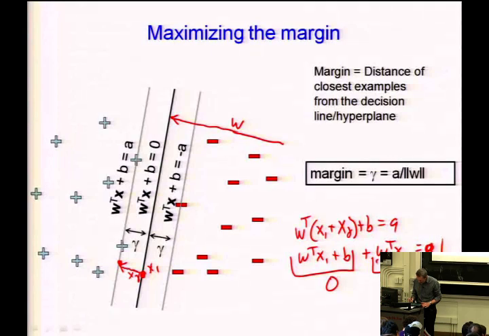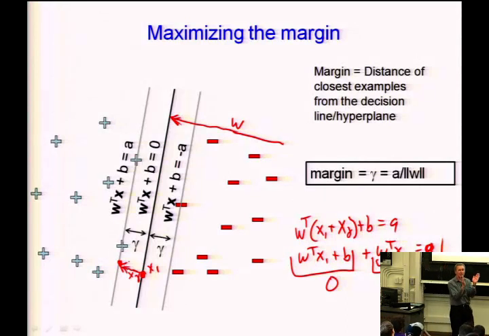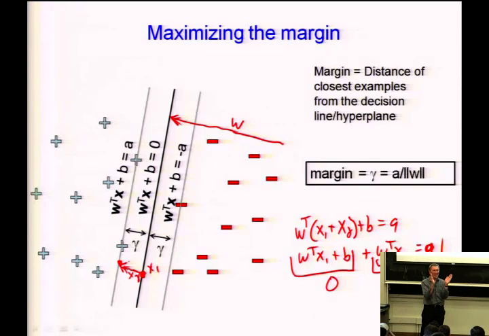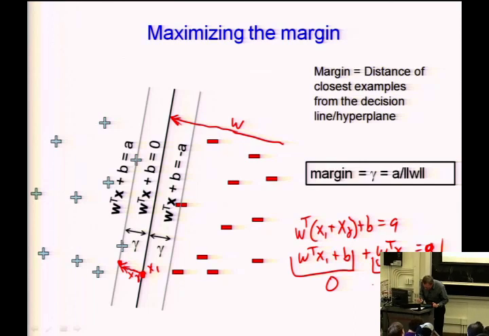And what is this? This is the dot product of two vectors which are collinear, right? We agreed w is perpendicular to the decision surface, and so is this. So the cosine between those two vectors is 0, theta is 0, cosine is 1, and the dot product is just the magnitudes of these two vectors. So in other words, the magnitude of w times the magnitude of x gamma equals a.